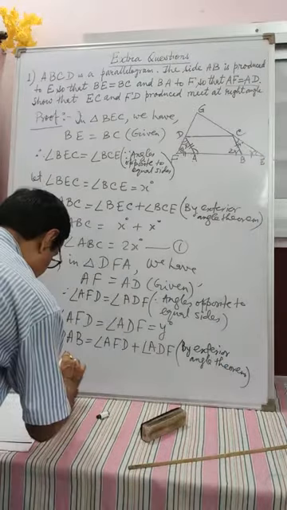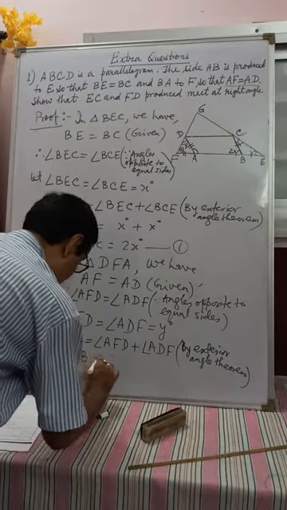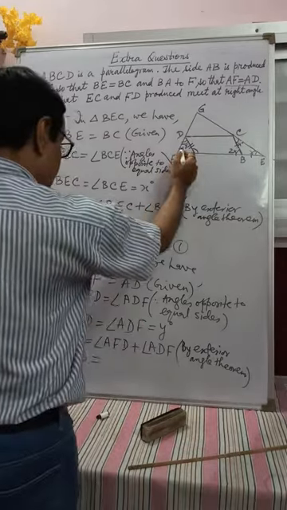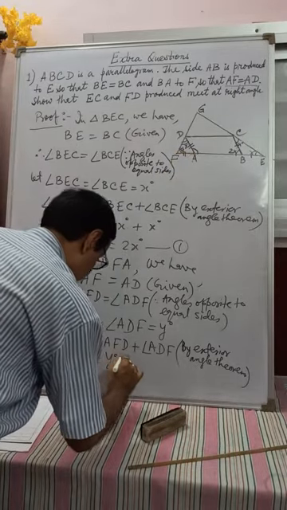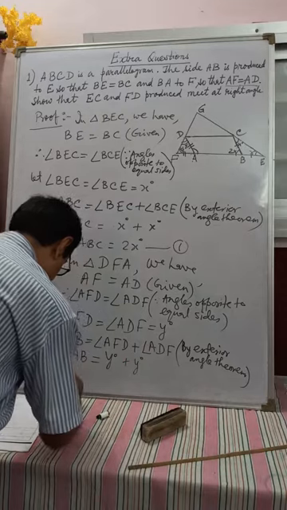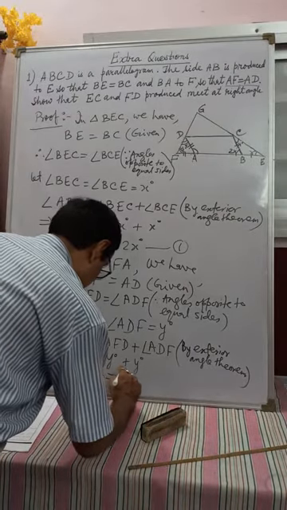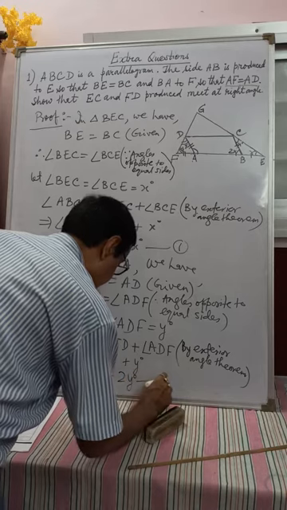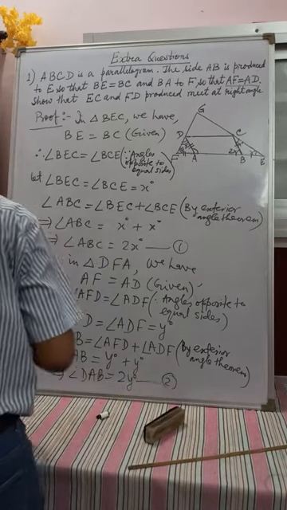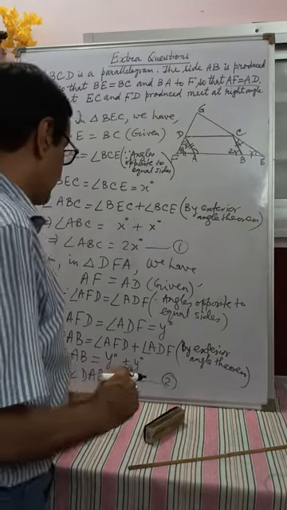So angle DAB, we have supposed angle AFD as y degrees, so this is y, this is also y. So finally angle DAB is equal to 2y degrees, suppose it to be result 2.